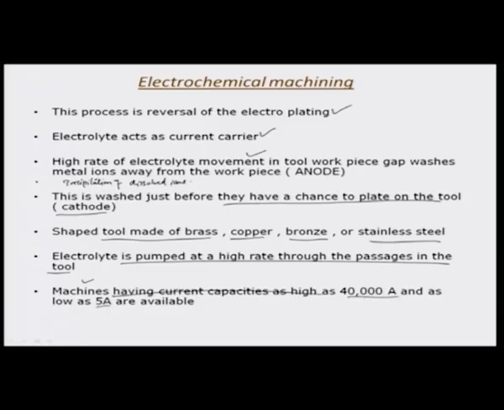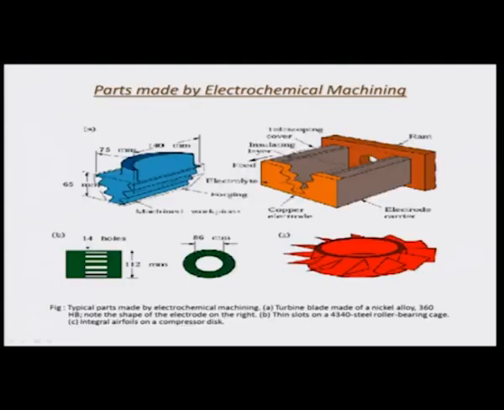So, in summarily looking at ECM, this is the process, and there are extremely complex shapes and features which can be generated by designing a proper or appropriate tool using ECM machining processes.